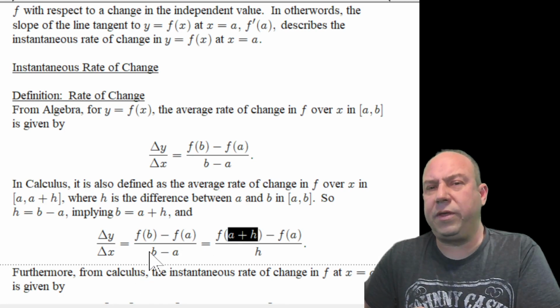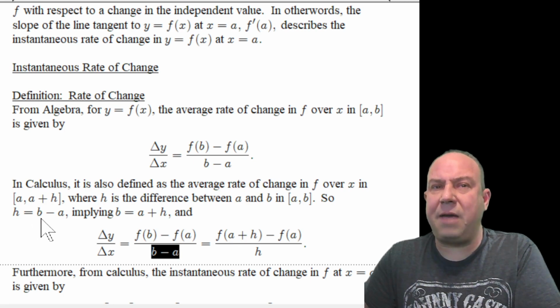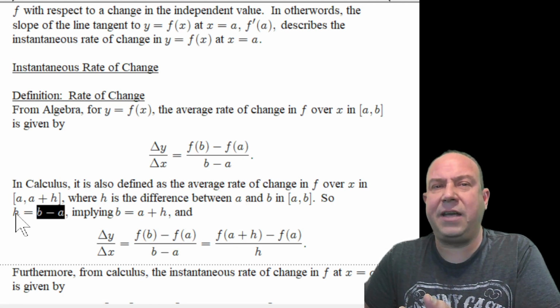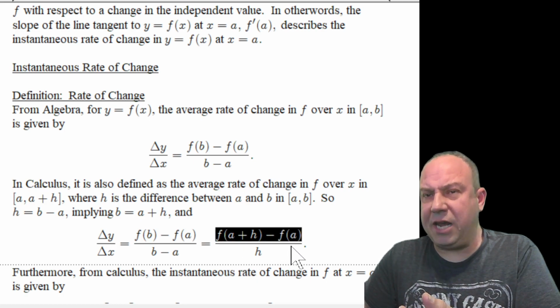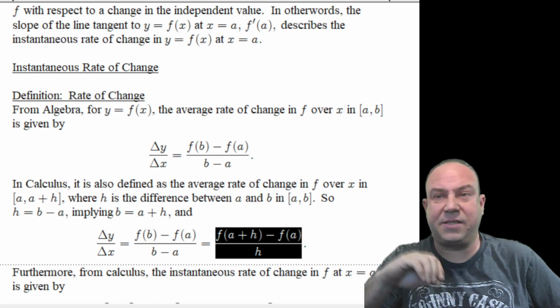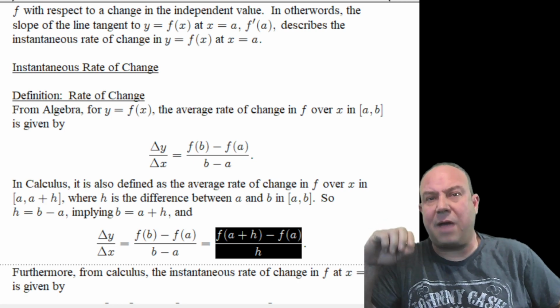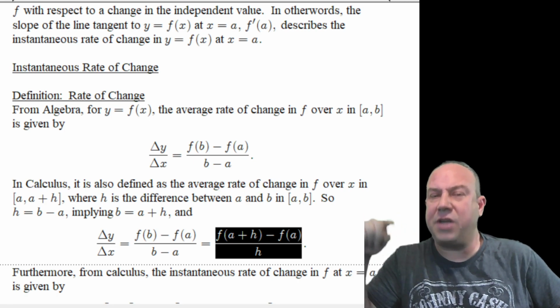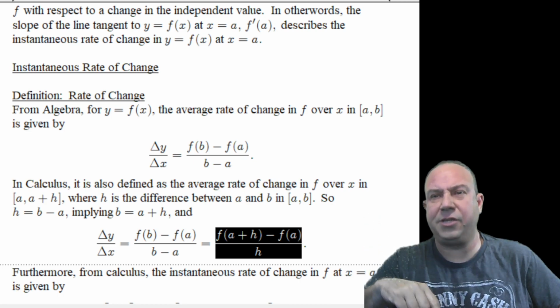When we think about b minus a, replacing the b with a plus h, it does simplify to the quantity h. So that average rate of change can also be expressed as f of a plus h minus f of a, all divided by h, describing the average rate of change in our function f over the interval from a to the quantity a plus h.